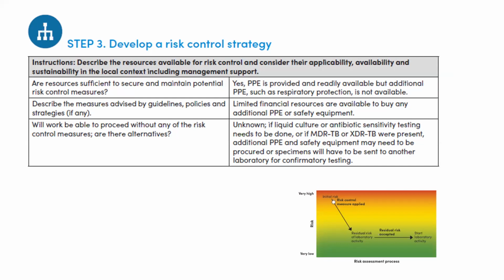They say limited financial resources are available and they can't buy any additional PPE or safety equipment. So will they be able to proceed without any risk control measures? Unknown. They can't do any further testing or more complex testing like liquid culture, particularly if there's MDR-TB suspected. So at this time, that's the information that they're giving as far as their risk control strategy.